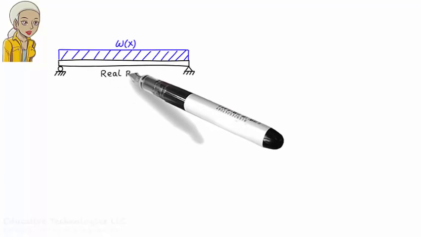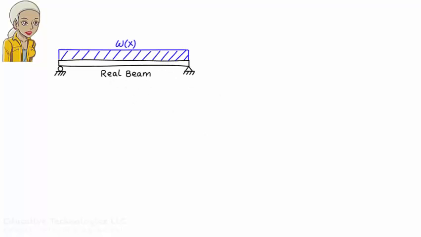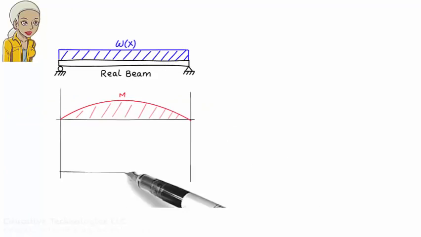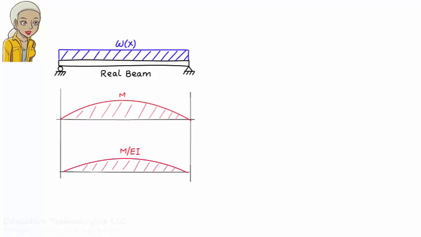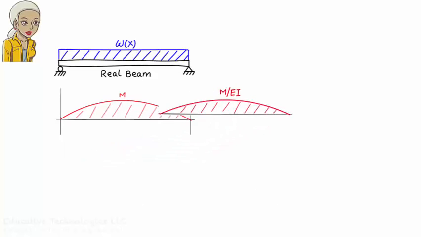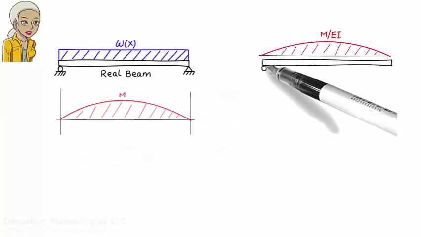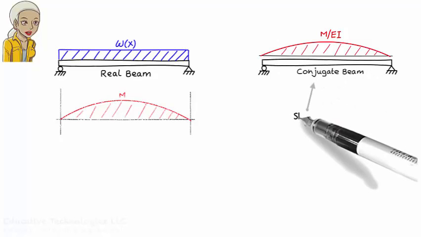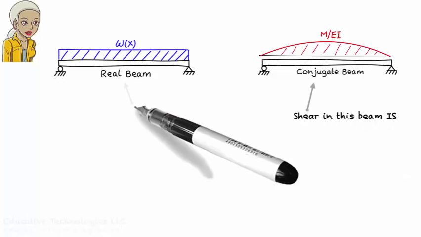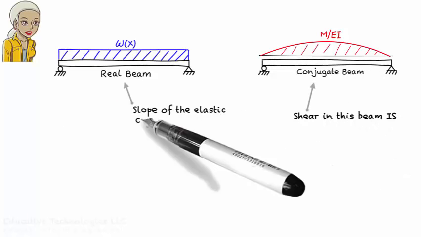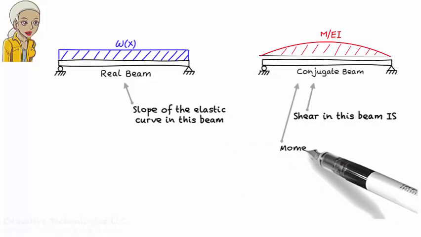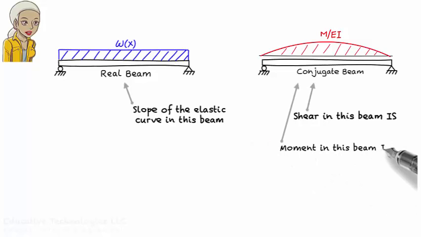If we draw the moment diagram for the real beam, divide the diagram by EI to get what is known as the M over EI diagram, and treat this diagram as a distributed load placed on a beam similar to the real beam, then shear in that beam corresponds to the slope of the elastic curve, and bending moment in that beam corresponds to the real beam's deflection.